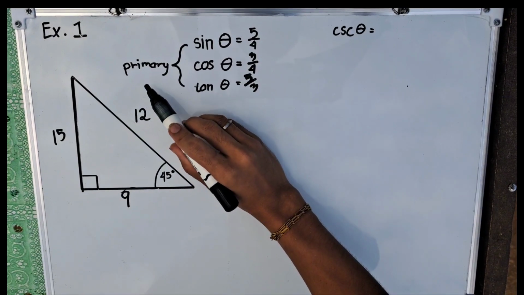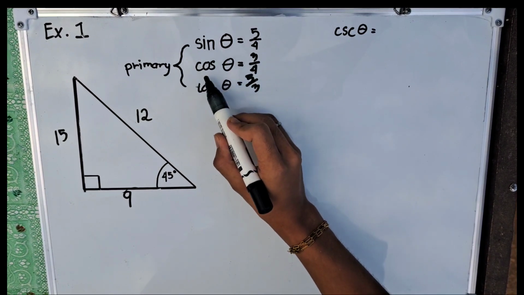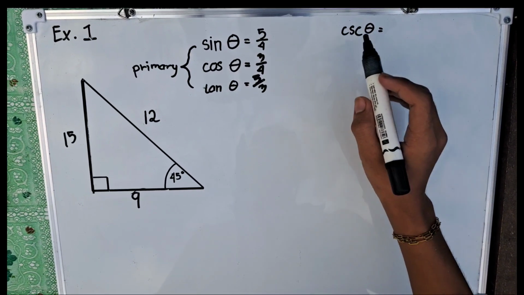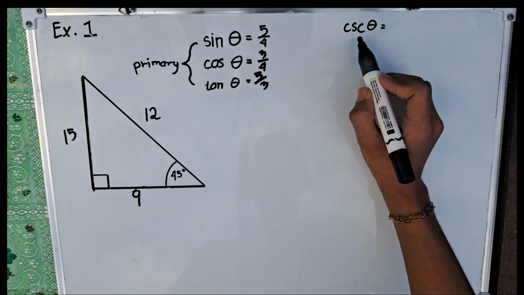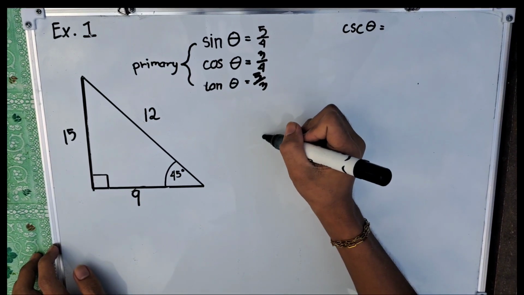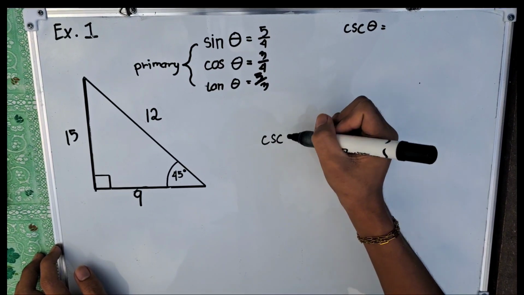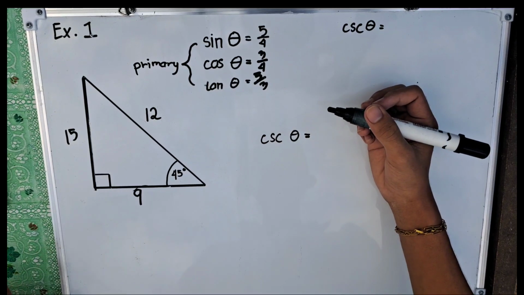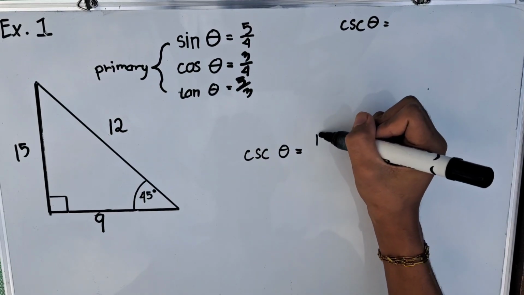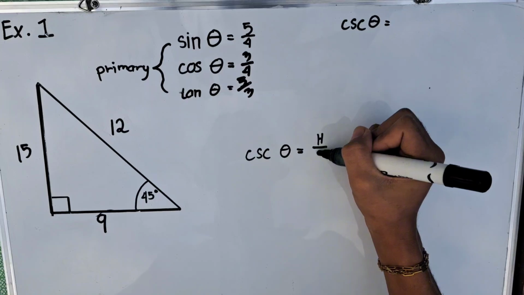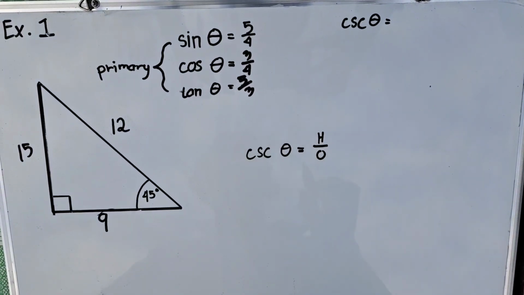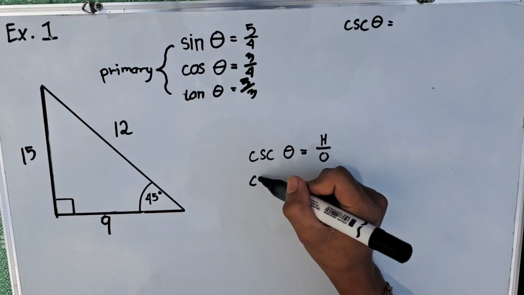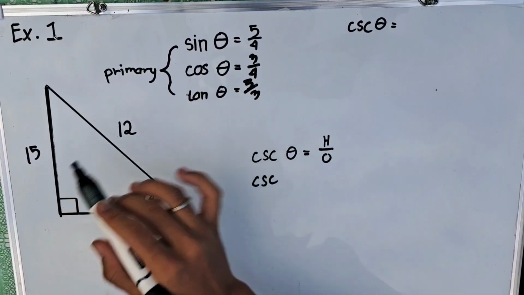Since we already solved for the primary, which are the sine, cosine, and tangent, next is to solve for the secondary, and first is the cosecant theta. As we all know, cosecant theta is equal to hypotenuse over opposite. The next step, just like what we did for the primary, is to put the given values from this triangle.